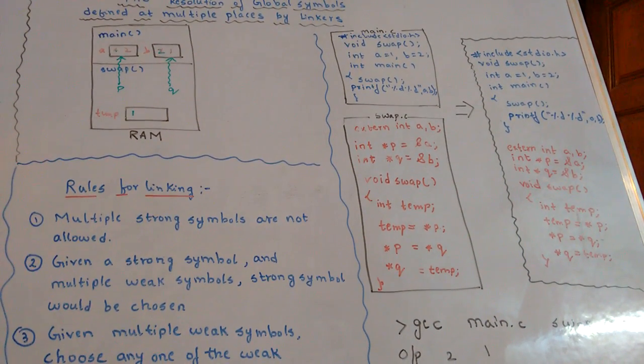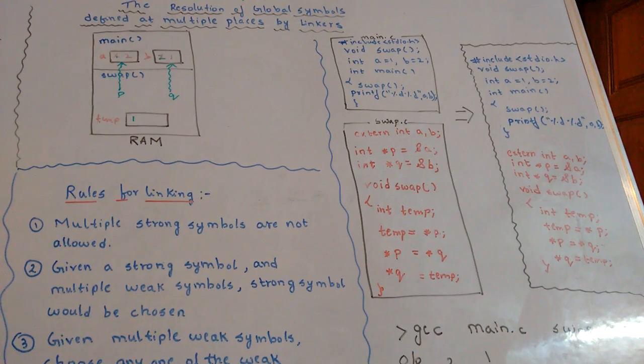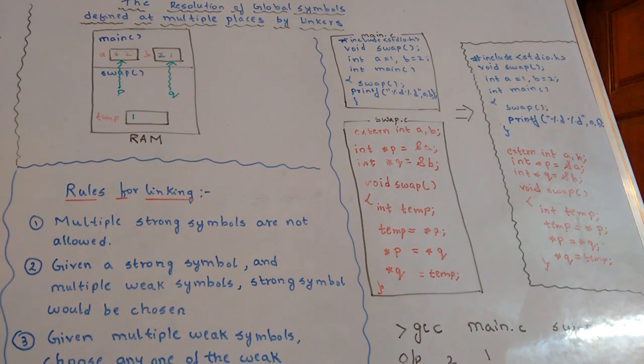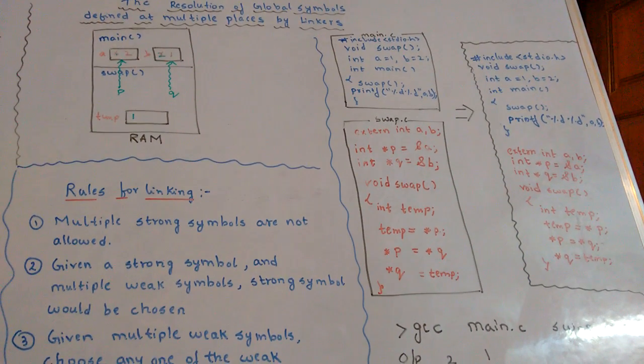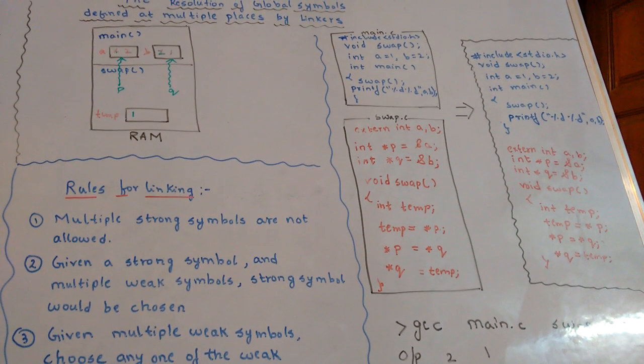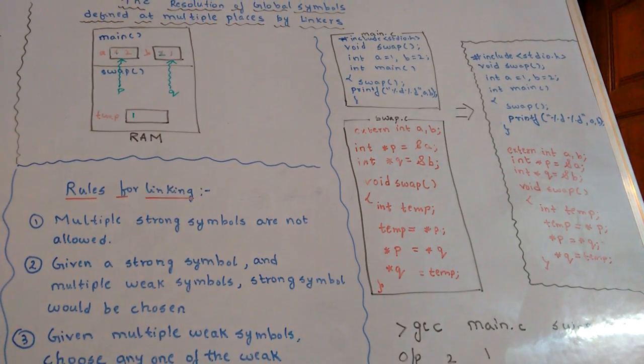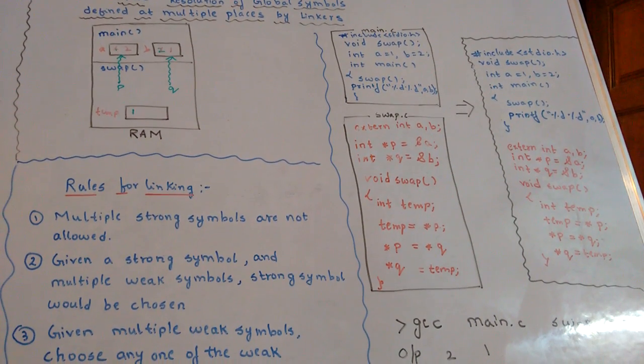And then in the void swap function, I have a variable called temp, which is an integer. When I say int *p, it means p is a pointer to an integer.